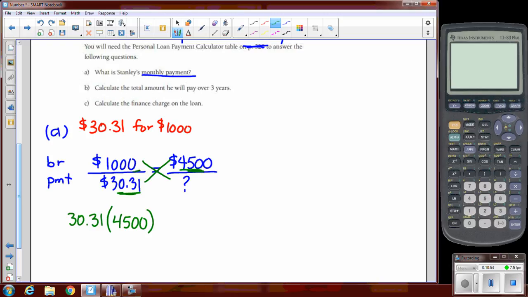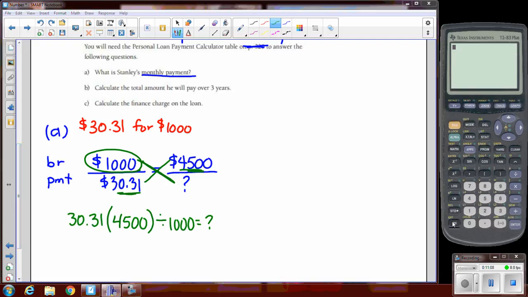And I'm going to divide by the number that's alone on the end of one of these sticks. So I'm going to divide by 1,000. And that will tell me my question mark. Or in this case, this is going to tell me how much his payment would be if he borrowed $4,500. So I got $30.31 times 4,500 divided by the 1,000, exactly what we wrote there.